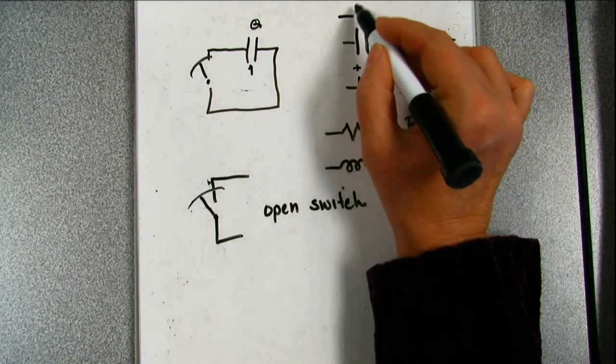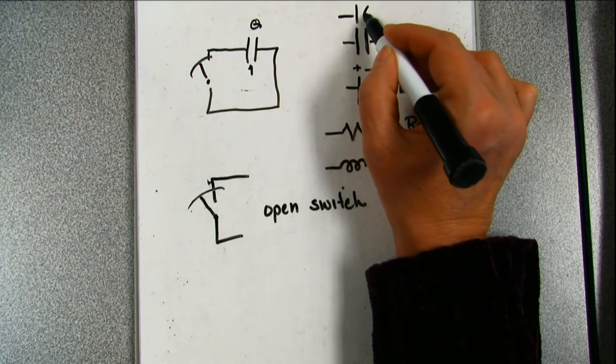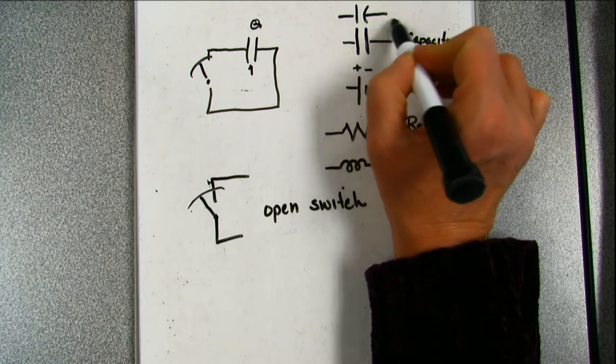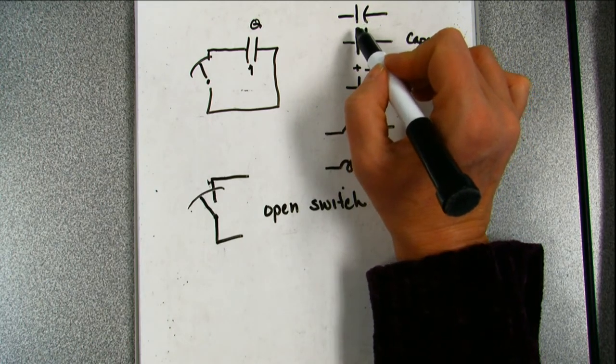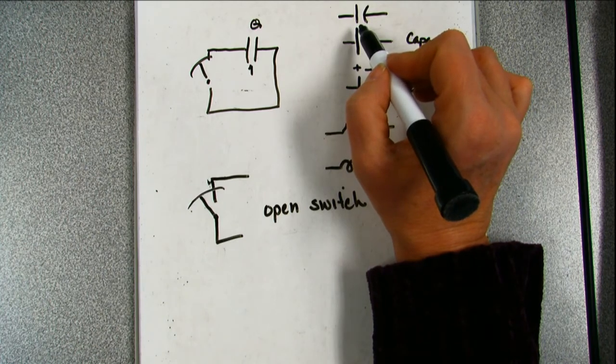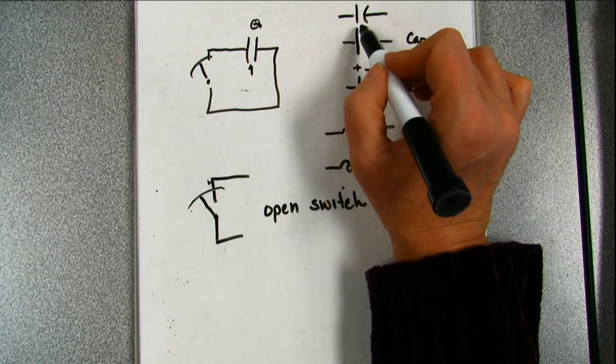Sometimes you'll see a capacitor drawn this way, and that's what's drawn on our multimeters. If I'm in capacitance mode to read capacitors on my multimeter, that's how it's drawn.